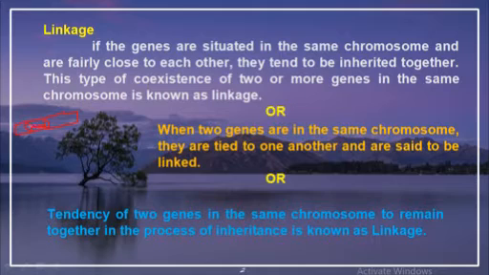They will not break this linkage even when inherited into the offspring. So two genes which are present on the same chromosome, fairly close to each other, and tend to be inherited together are known as linked genes, and the concept is known as linkage.